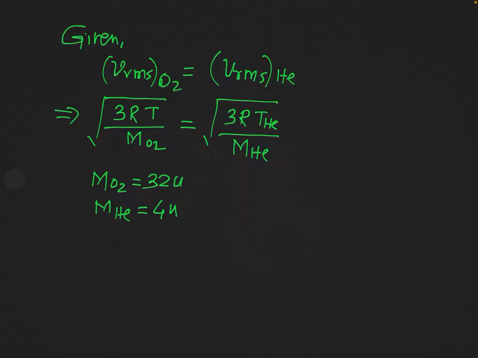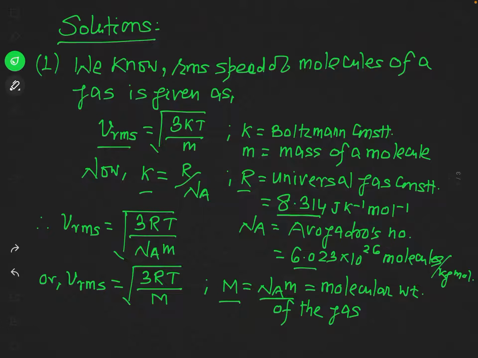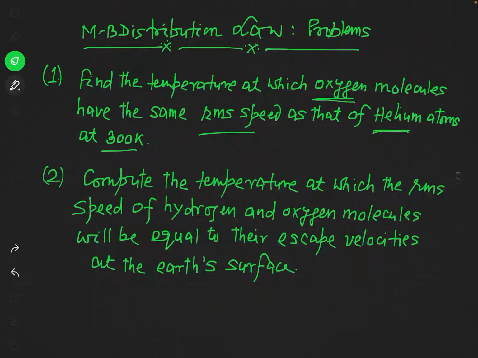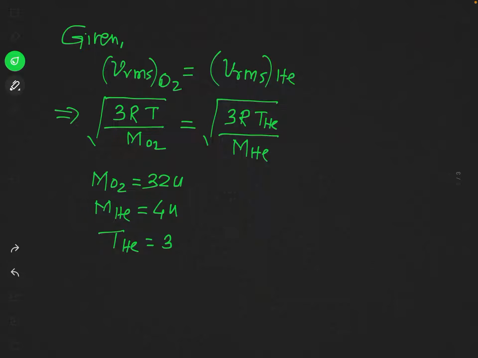And it is also given that the temperature of helium gas is equal to 300 Kelvin. You can see in the problem it is given that this temperature is 300 Kelvin. So this T of He is equal to 300 Kelvin.